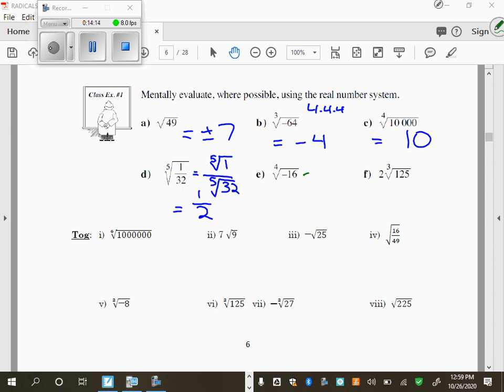E, the answer is read. The question? It is impossible. You can't have a fourth root of a negative number. You can't have the square root of a negative number.